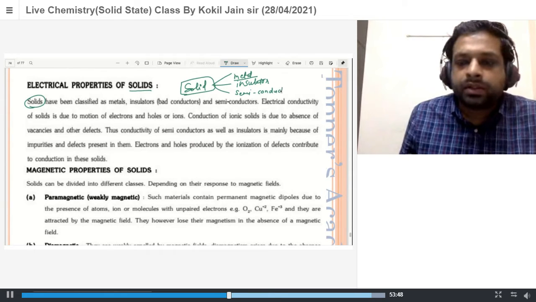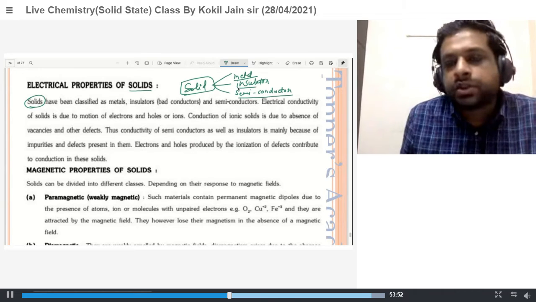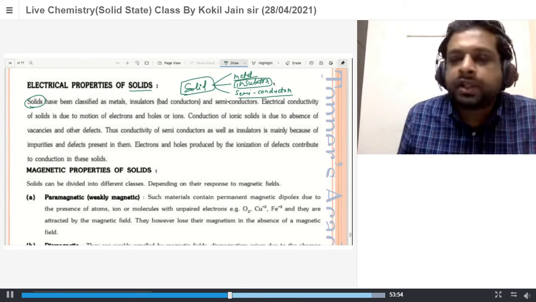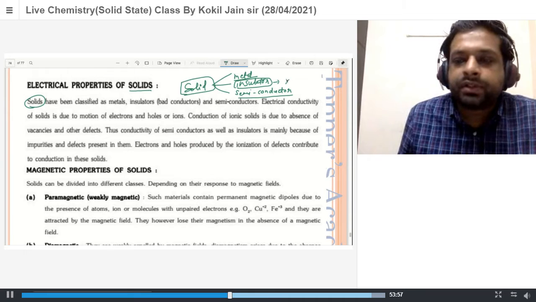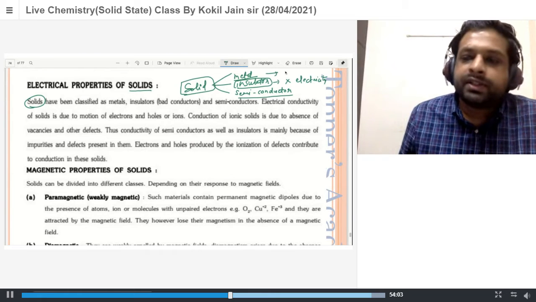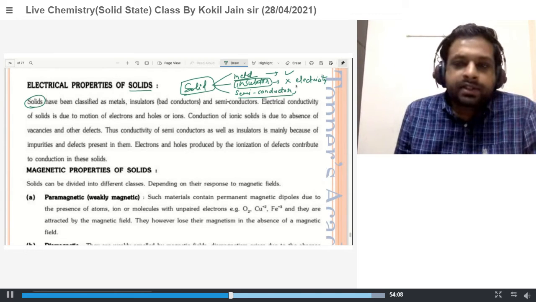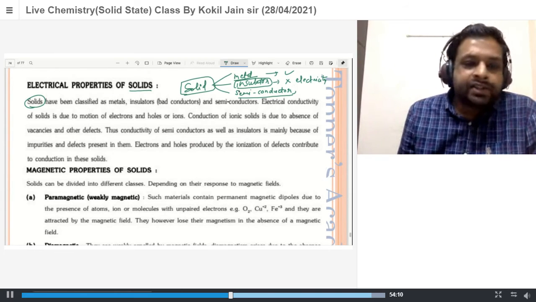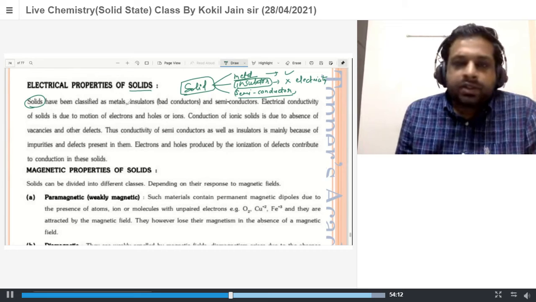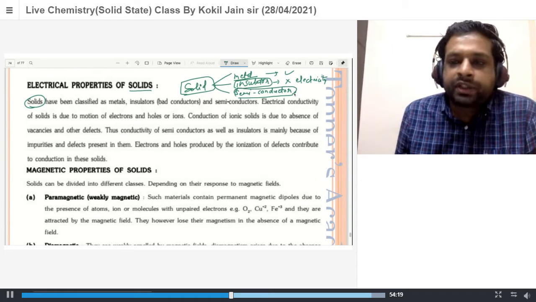Okay. Now, insulators are those which cannot conduct electricity. Metals are those which can conduct electricity. Semiconductors, like ionic solids, are due to the presence of holes or extra electrons only.